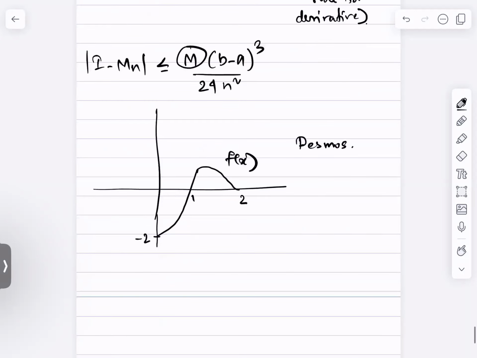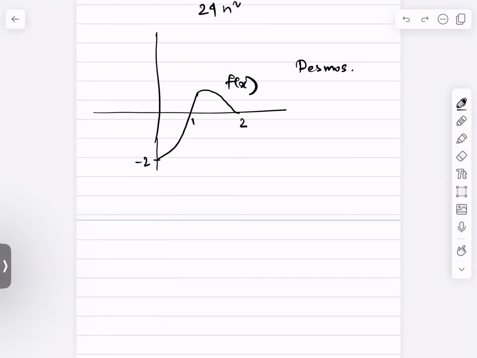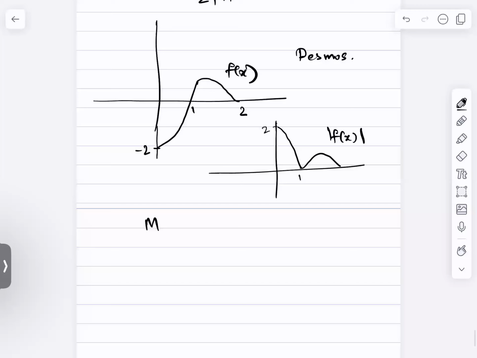And when I take the modulus of it, basically I should have something like this. This is plus 2. This is my modulus of f double prime of x. And therefore I can see that M is 2 in this case.